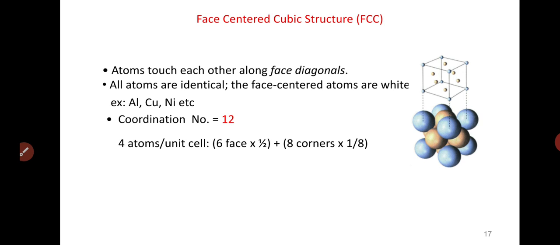So only half of each atom is in the given structure. So there are 6 faces, we multiply by half, so it becomes 3 plus 1, so it will be 4 atoms per unit cell.